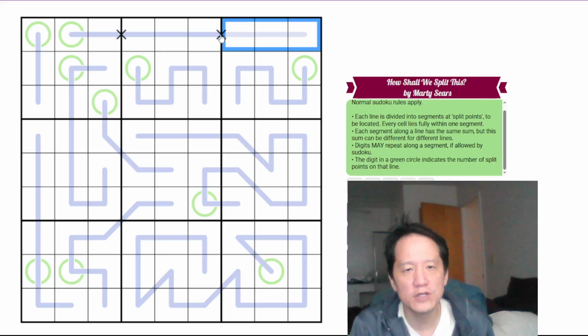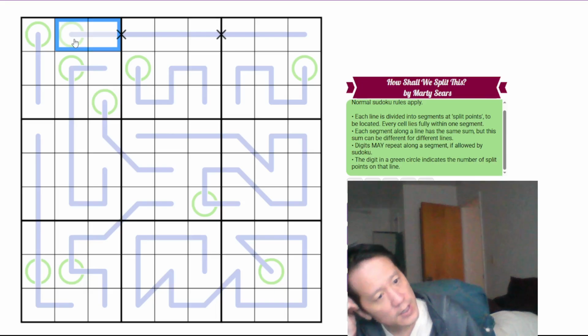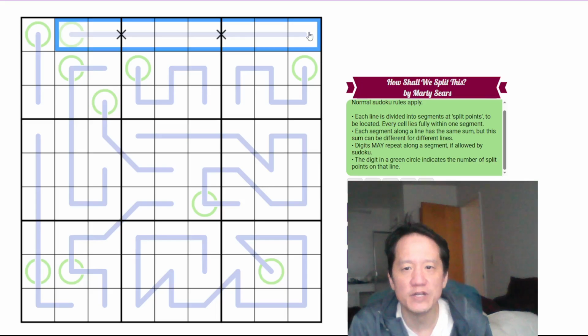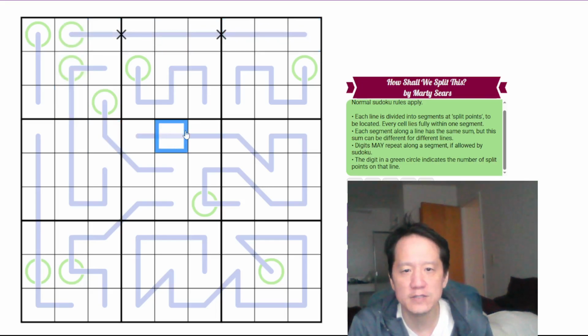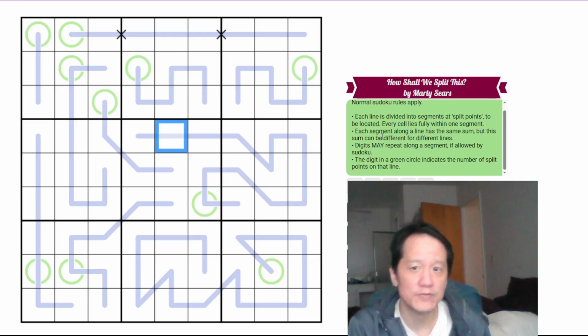Then all these three digits must sum up to what these three digits sum up to, which is also what these two digits must sum up to, right? But we don't actually know where the split is in any of these lines. But we do know that each segment must have the same sum no matter what.